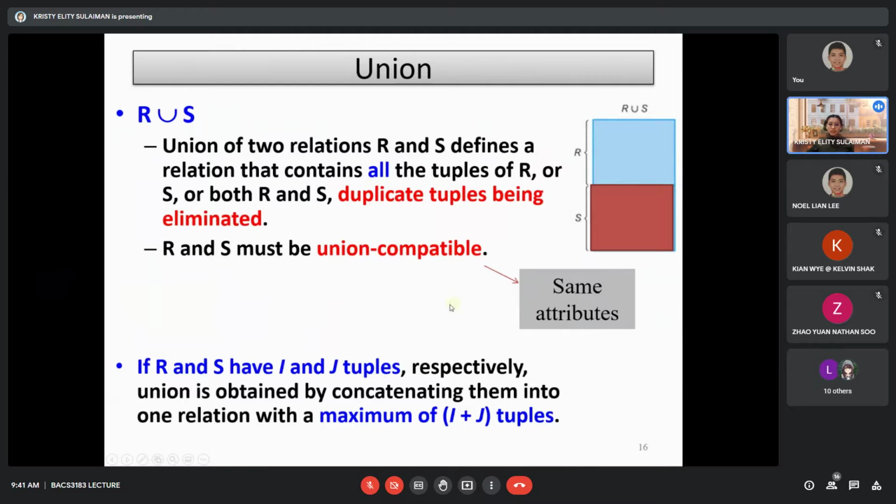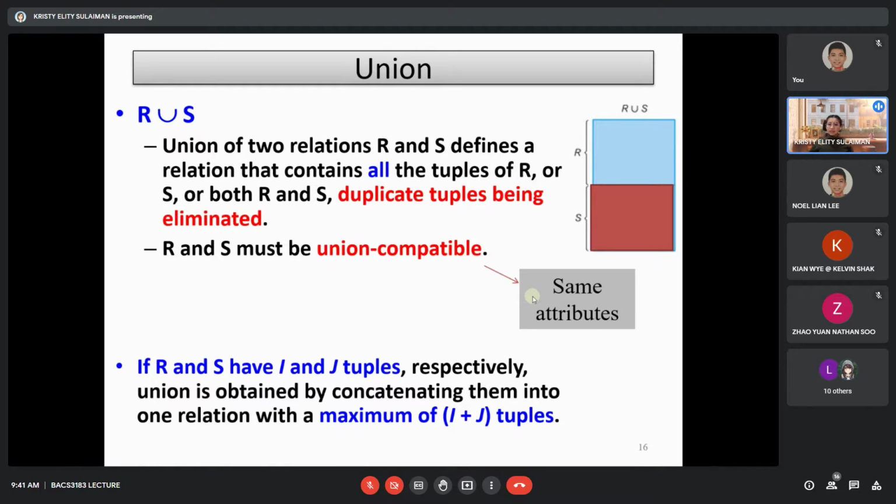R and S must be union compatible, meaning you need to have the same attributes. So this union is only possible if the schemas of the two relations match. That is, they have the same number of attributes, with each pair of corresponding attributes having the same domain.